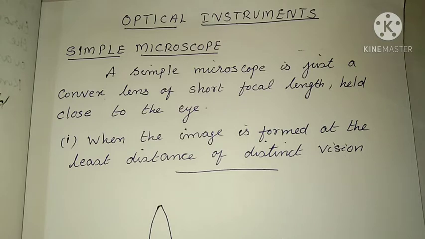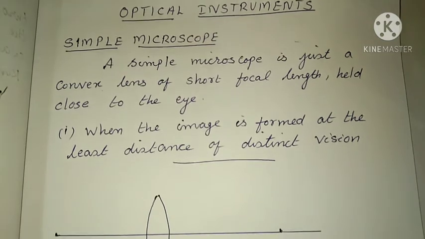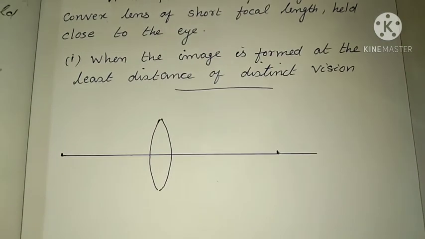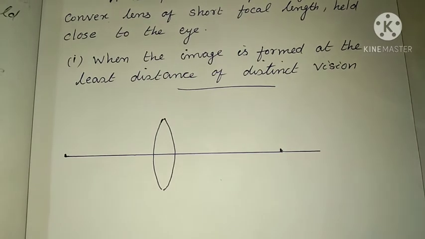So, in the simple microscope, we use just a simple convex lens. When the object is placed between the focus and the optic center of the convex lens, we get a virtual, erect and magnified image on the same side of the lens.